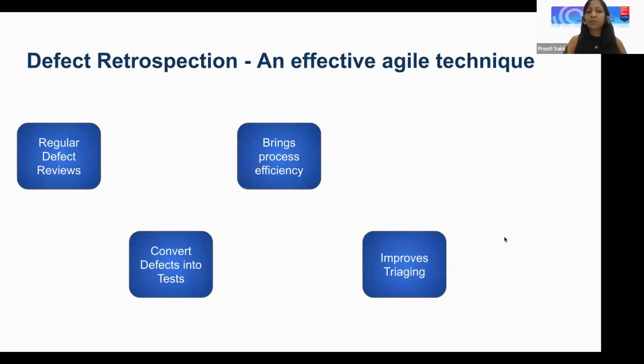So this retrospection exercise also helps you identify the gaps between the teams, the process and communication gaps, and you can work later on to improve these, and help teams work in harmony and more collaboration. That is where it helps you improve your triaging processes also.